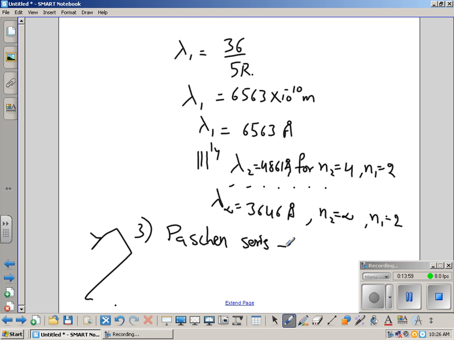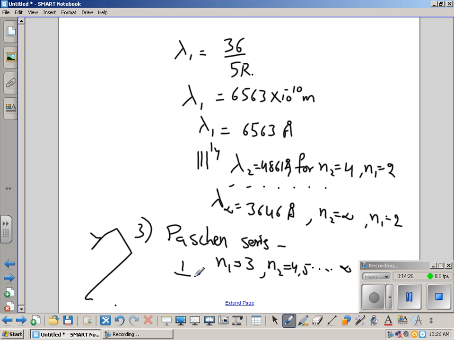How will you get this? Now you can substitute yourself. When the electron jumps from higher orbits to the third orbit, n1 is equal to 3, n2 is equal to 4, 5, and so on up to infinity. Now you calculate one, you can try.